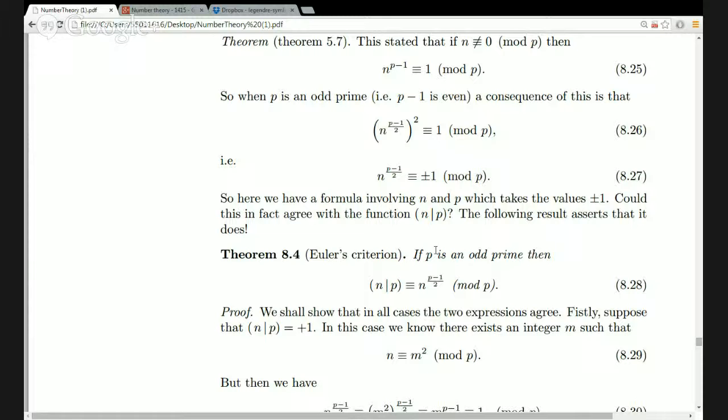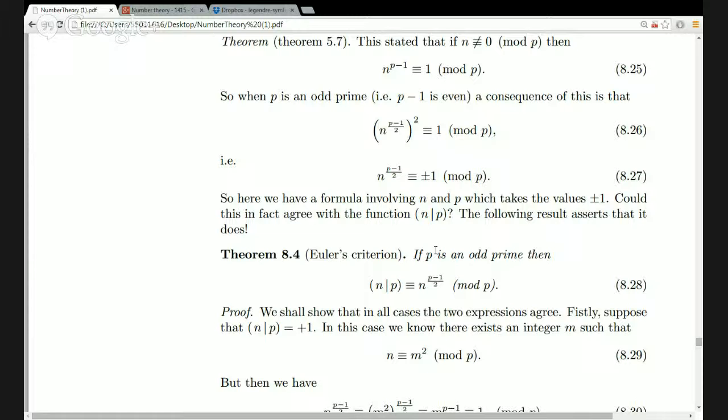Lagrange, not Legendre. I keep getting those two guys confused. By Lagrange's theorem 7.1, these are all the solutions of this. There are no other ones. When n is a quadratic residue, it's a solution of this, and that's all of them. There can't be any other ones. So that was just an observation about what we proved.